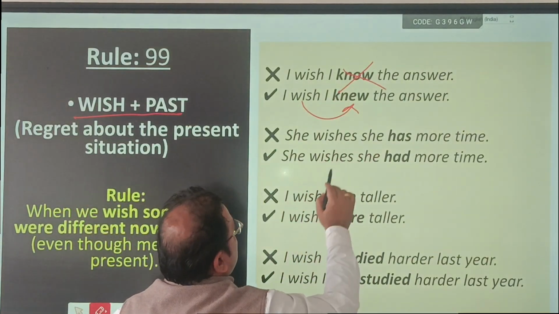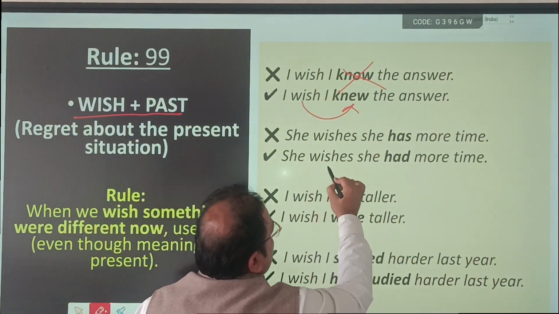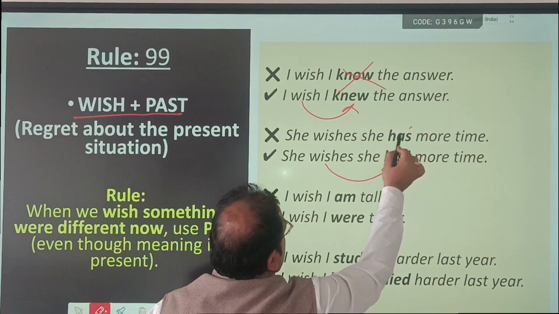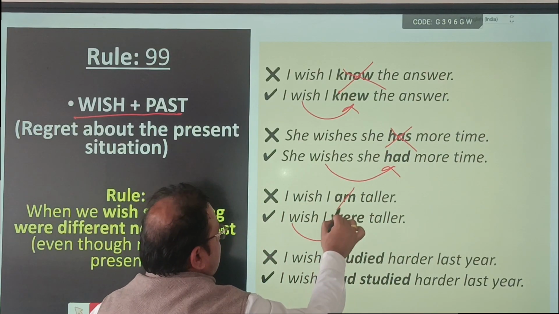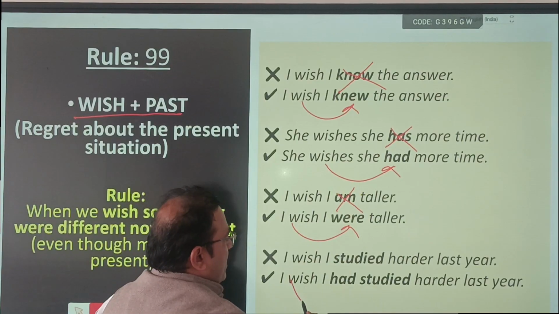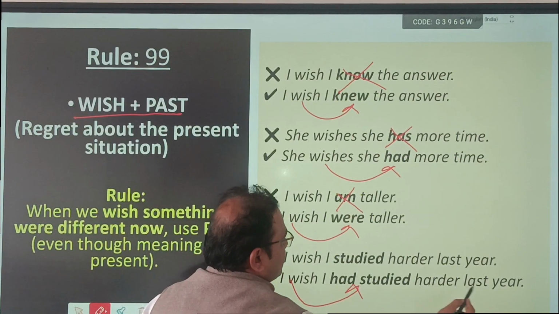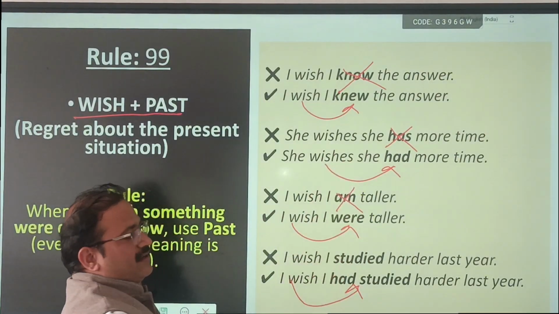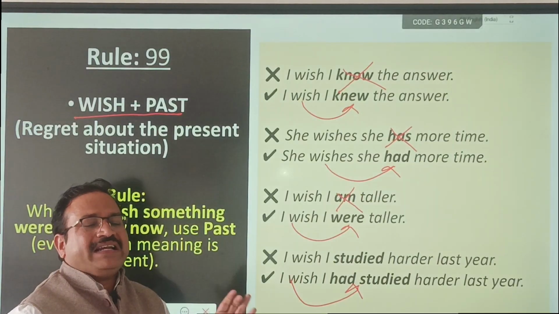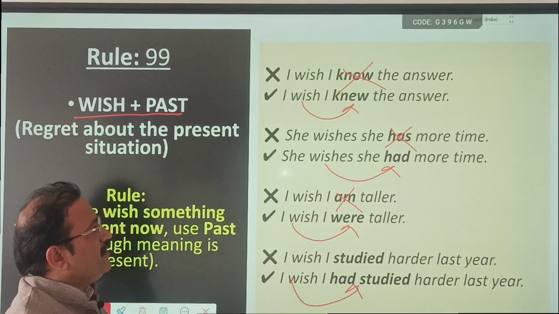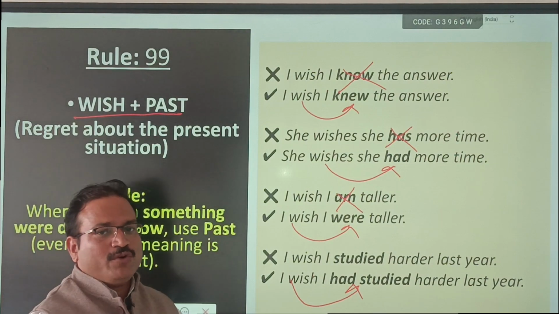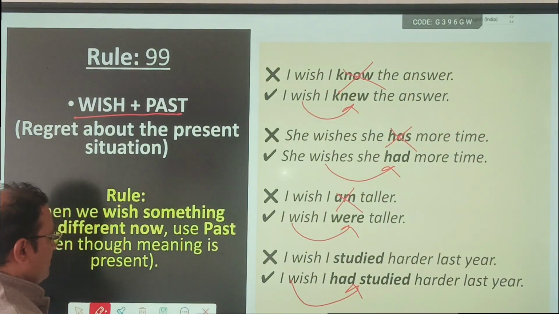I wish I knew the answer. She wishes she had more time. I wish I were there. I wish I had studied harder last year. All these are based on different time references, present, past. So wish will always be followed by past tense.